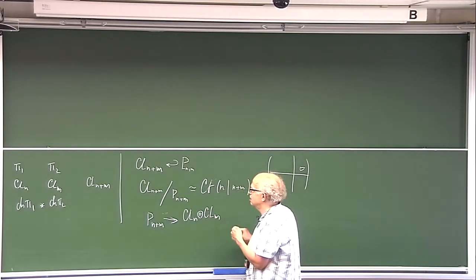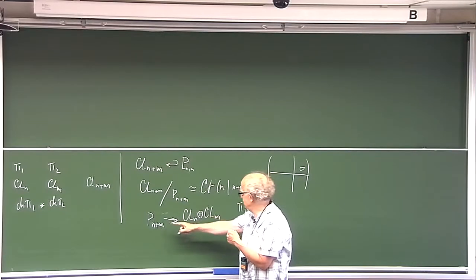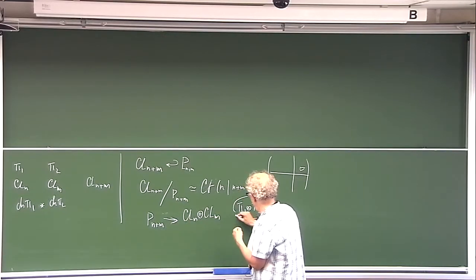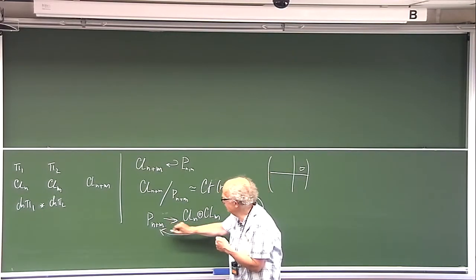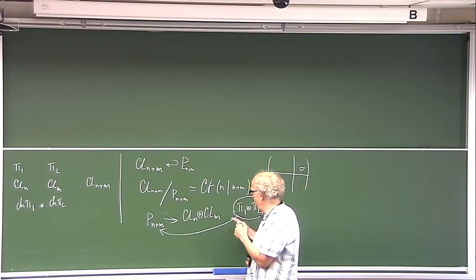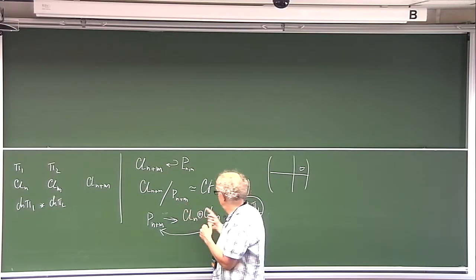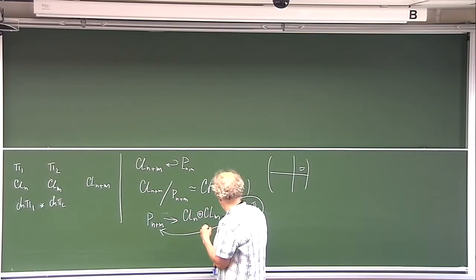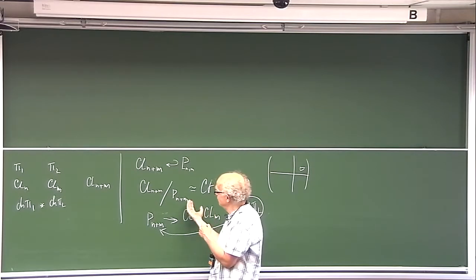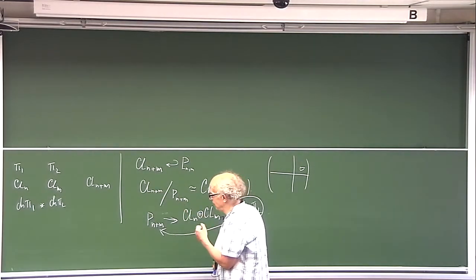Then it means that rho_1 tensor rho_2 is a representation of this. And it is always so: if I have a subgroup and a representation of the subgroup, then I can in principle induce and construct a representation of GL_{n+m}.